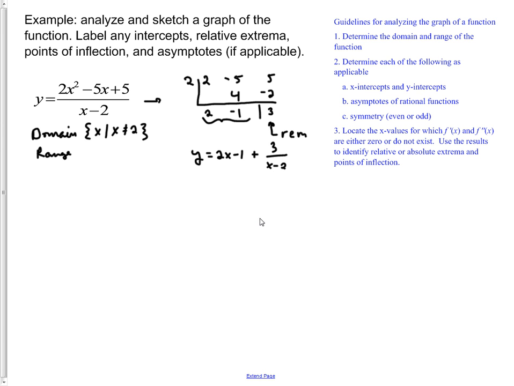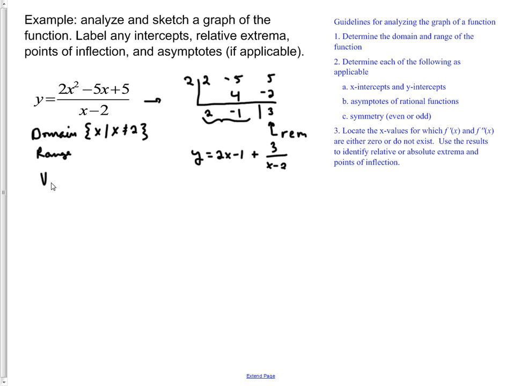That's useful for us in a couple of ways. For one thing, we know that this function is going to have a slant asymptote.